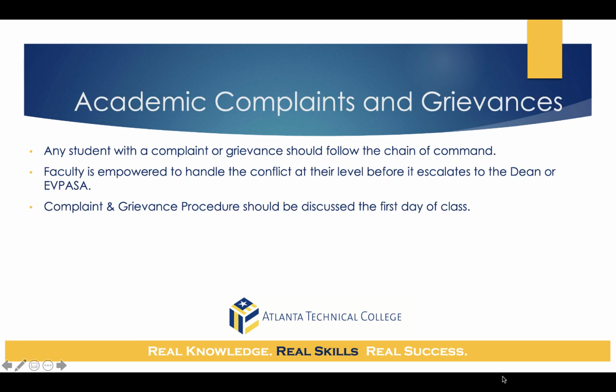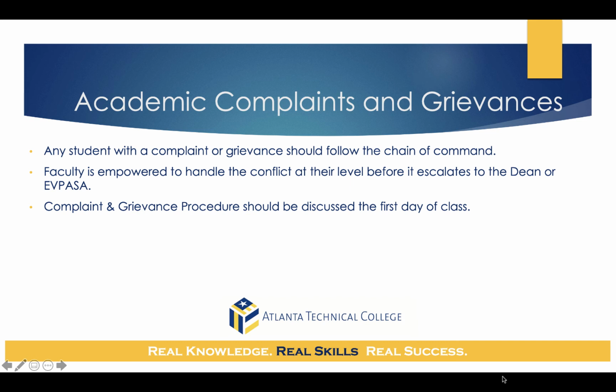When it comes to academic complaints and grievances, any student with a complaint or grievance should follow the chain of command. Faculty are empowered to handle conflict at their level before it escalates to the dean. And so we want to empower you to make sure, and even me as a dean of students, I'll always push the student back to the faculty member to see if it can be resolved. And a lot of times it is.